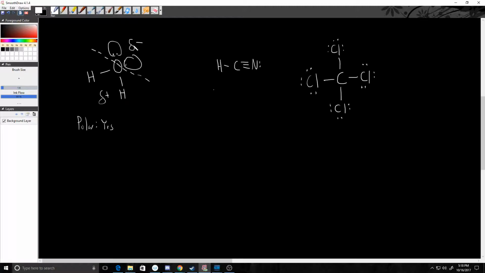The other thing we can look at are those electronegativities. We're looking at the differences between electronegativities, to which you might be asking, Mr. E, what's electronegativity? Well, I'm glad you asked that question. Really, electronegativity is how badly a certain element wants the electrons on another atom.